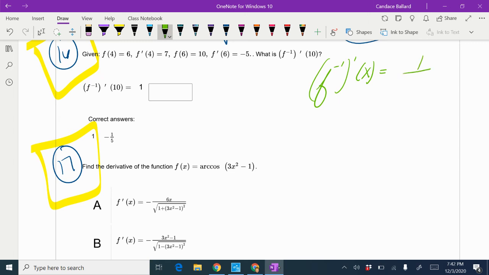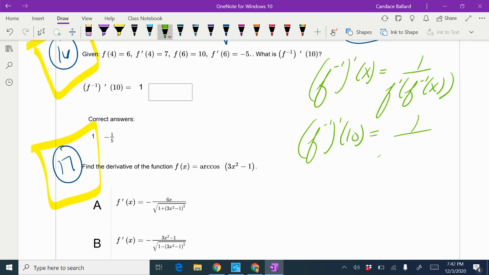So it's 1 over f prime of f inverse of x. And sometimes we use an f inverse, sometimes we use a g. So what I actually need to find is f inverse's derivative at 10. So I do 1 over f prime of f inverse of 10.